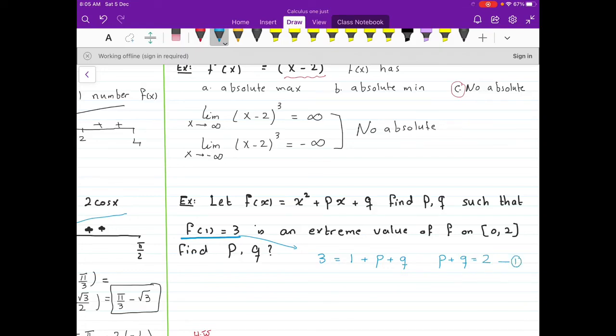Since it is an extreme value, it must be a critical point.